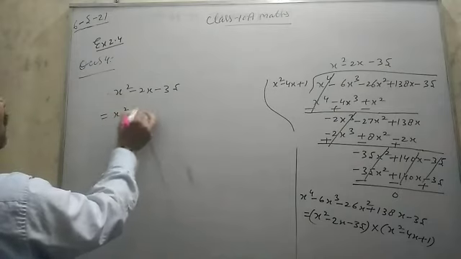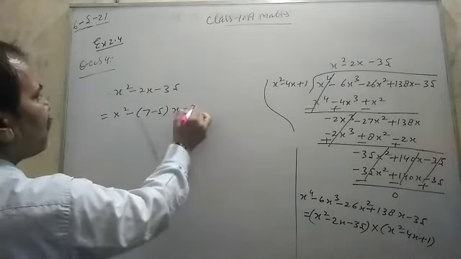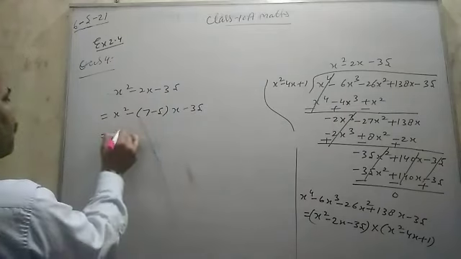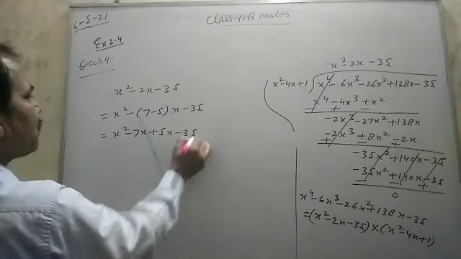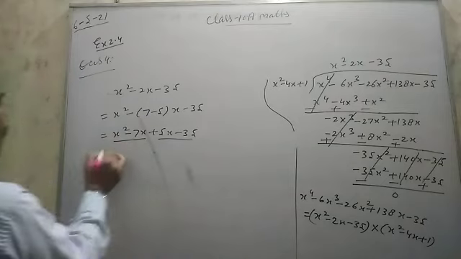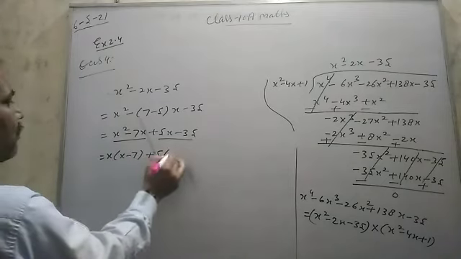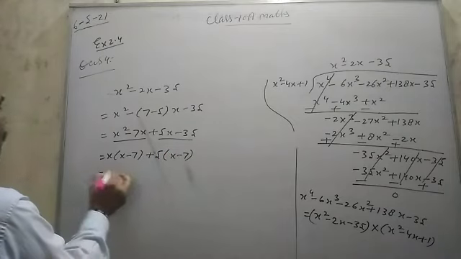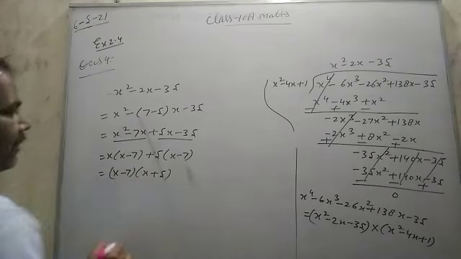Factorize it: 7 minus 5 is 2, and 7 into 5 is 35. Open the bracket: 7x plus 5x minus 35. From the first, take x common, so x minus 7 plus 5, x minus 7. So x minus 7, x plus 5.